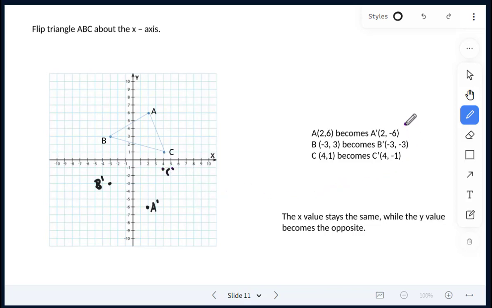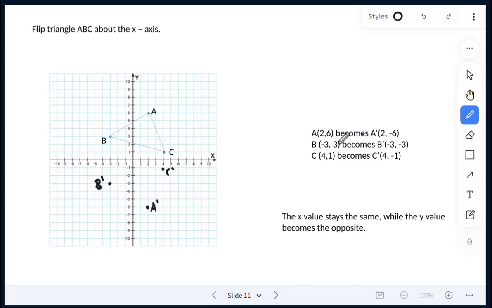All right, so if we look at our new points, point A is at (2, 6). A prime is at (2, -6). Our B prime is now at (-3, -3), and our C prime is at (4, -1). So what you'll notice here is when we flipped about the x-axis, our x value stayed the same.